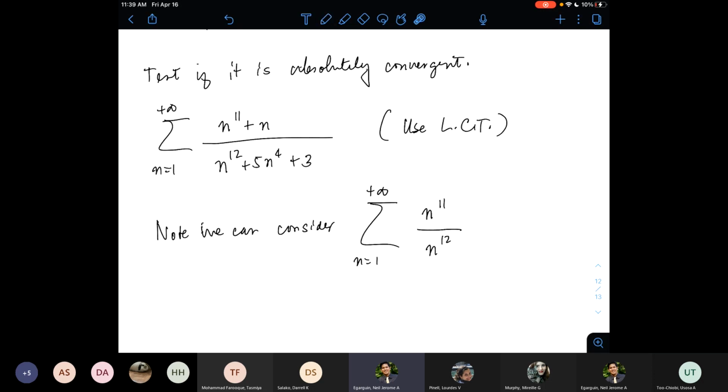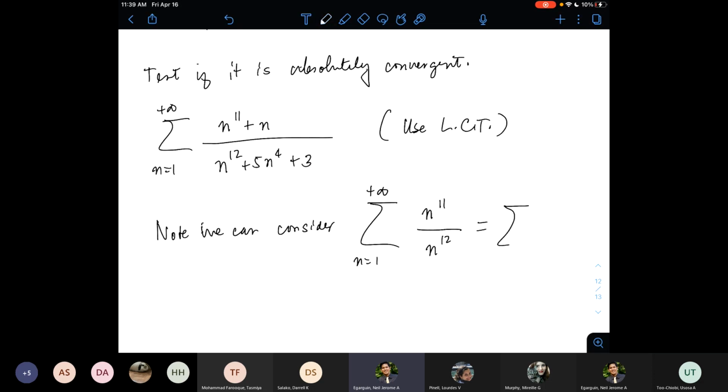So again, when n becomes very large, the n on top becomes insignificant, so the numerator just behaves like n^11. In the denominator, 5n^4 + 3 becomes insignificant when n is very large, so the denominator behaves like n^12.